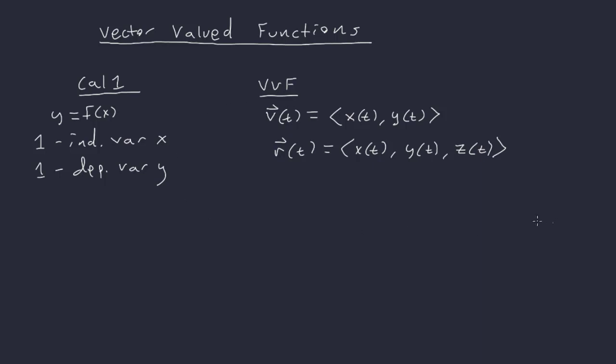So what's going on here is we are creating a situation where we will still have one independent variable, and that's going to be our t, but we will have 2 to 3 dependent variables. That would be x, y, and sometimes z.